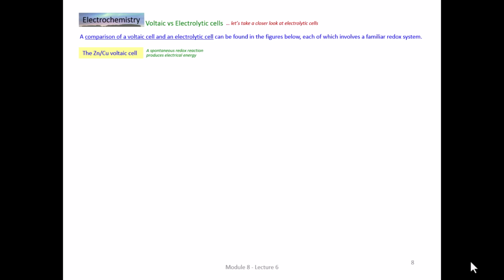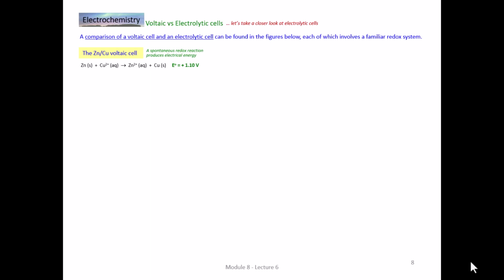So on the left-hand side of this figure, we'll try to draw a picture of a zinc-copper voltaic cell where there's, of course, a spontaneous redox reaction that produces electrical energy.